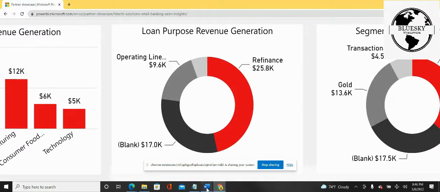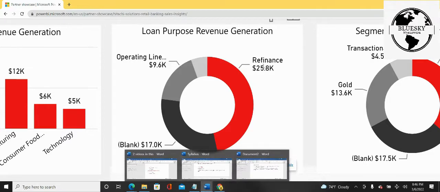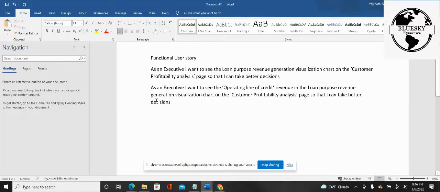So likewise, we can do the same thing for refinance. We'll just throw it in there.